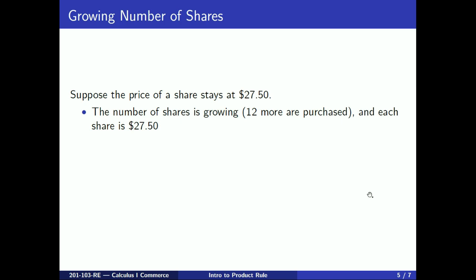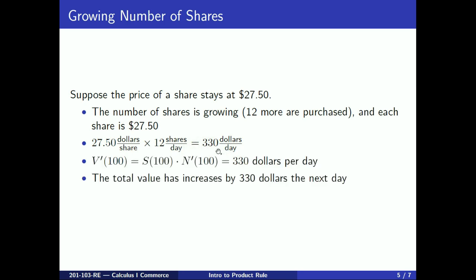Now, the number of shares is growing by 12 per day since 12 more shares have been purchased, and each share is worth $27.50. So $27.50 per share times 12 more shares per day gives us an increase of $330 per day. That's the same as multiplying s of 100 times n prime of 100, and that would be the value of v prime of 100.